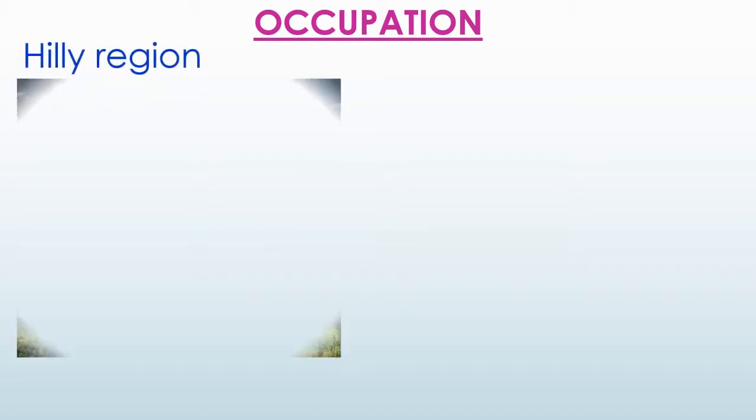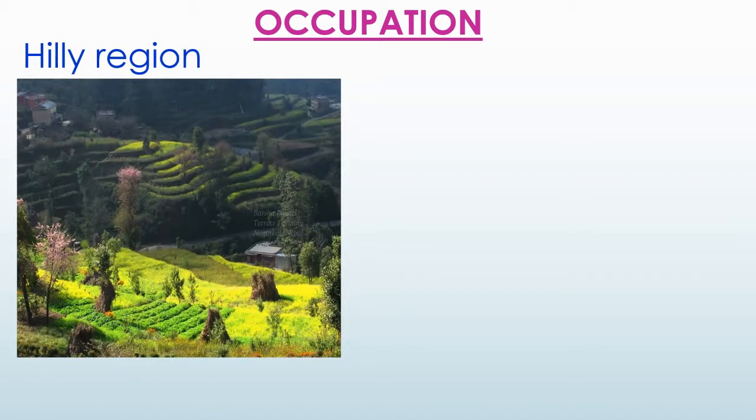Occupation. Let's learn about the occupation. In the hilly region, the main occupation of people living in the hills or mountains is terrace farming. As you can see carefully in the picture, terrace farming is carried on the slope of the mountains to create flat lands so that crops can grow.